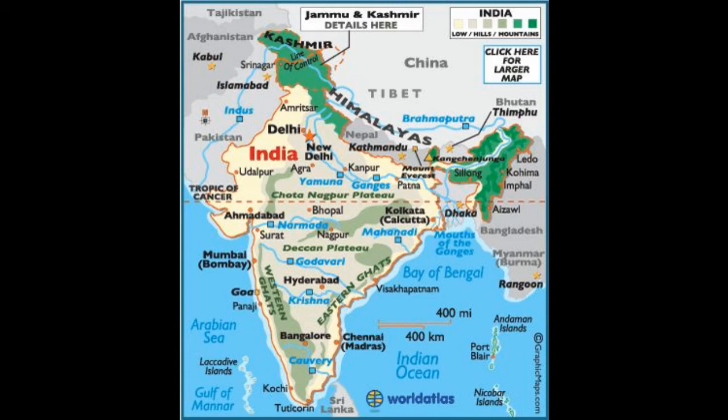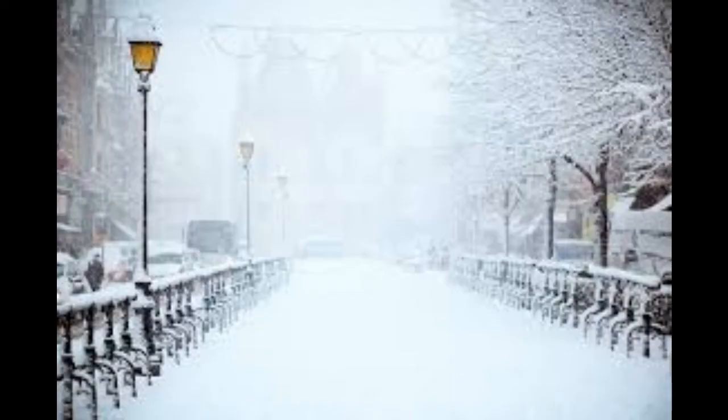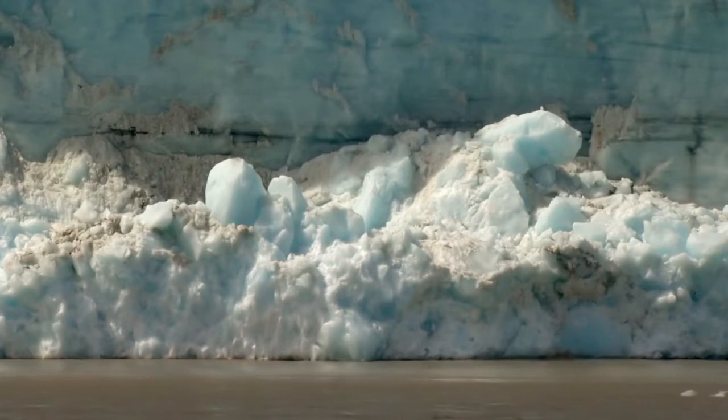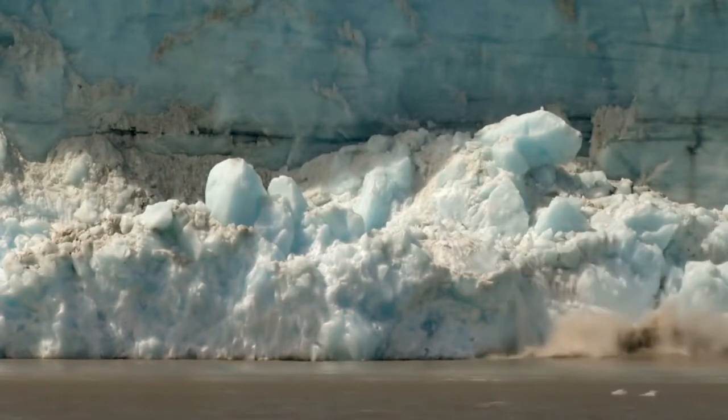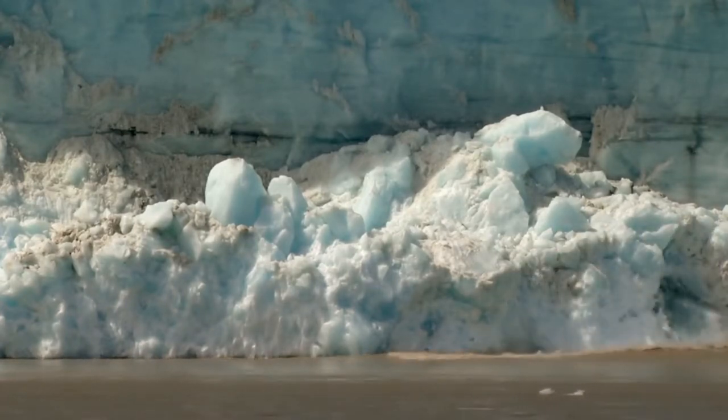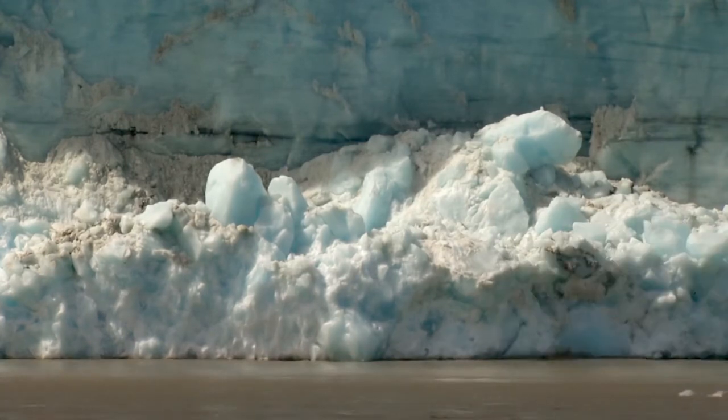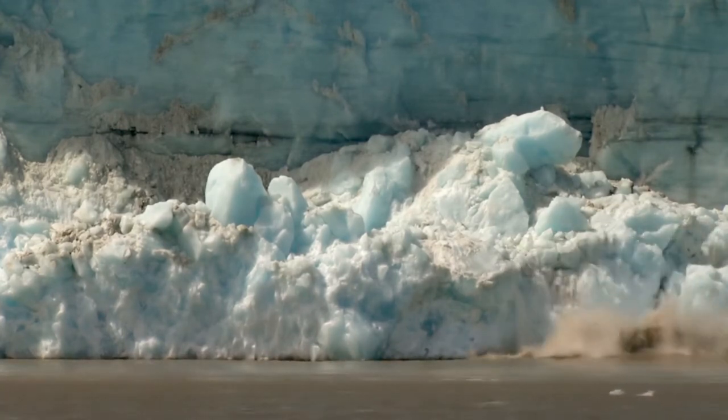Because of the height factor, snowfall occurs, and it accumulates and solidifies. This mass movement of ice, we call a glacier, right? Glacier we call that.